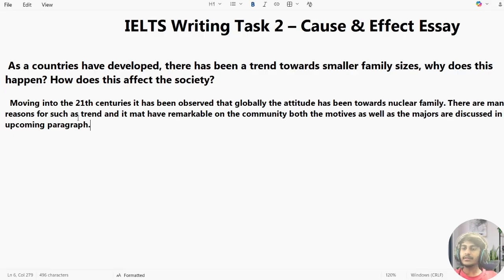There are many reasons for such a trend, and it may have, not might have, it may have remarkable impact on the community. Both the motives as well as the measures are discussed in the upcoming paragraph. So the introduction is over.